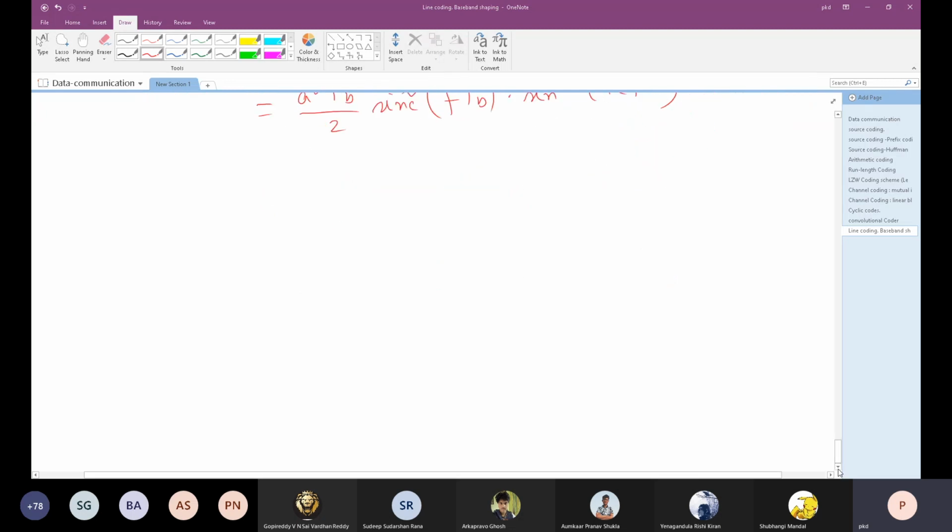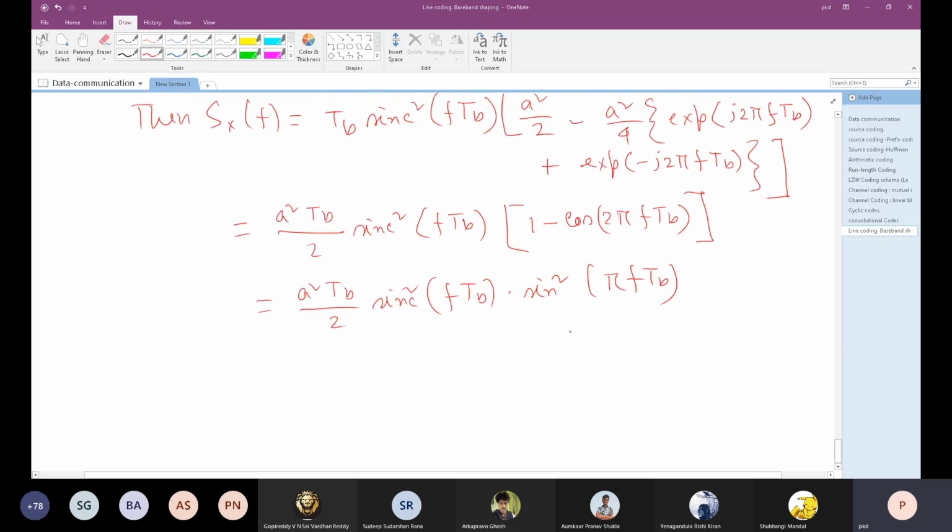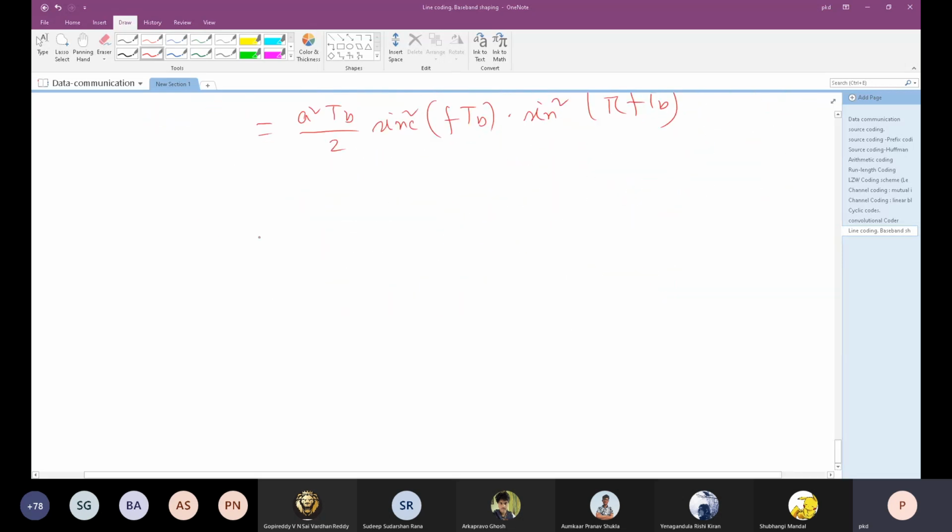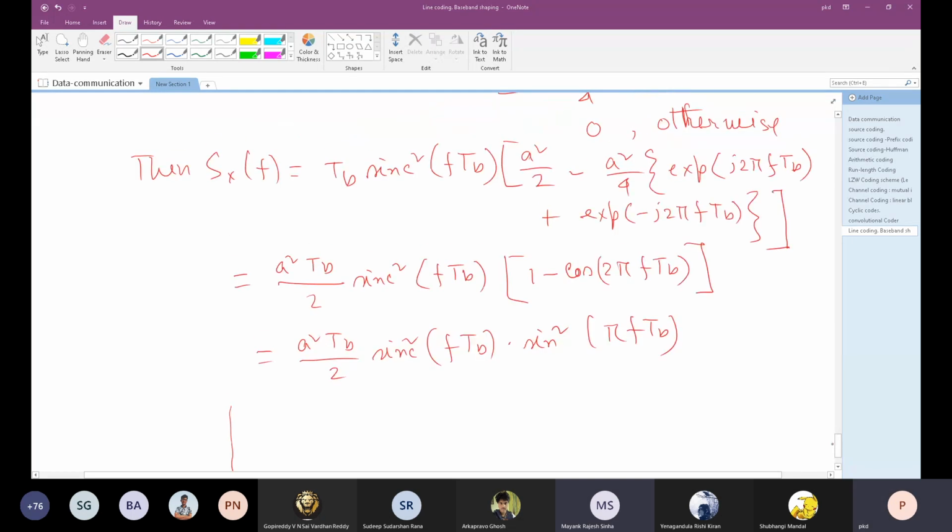So DC part will be nullified because of this sine square term. So if we plot the spectrum, Sir, wouldn't there be also a multiple of 2 when we convert 1 minus cos theta into sine square theta by 2? There should be a factor of 2 as well. No? There would be a 2 factor, so these 2 will go. Okay. Yes, thank you.